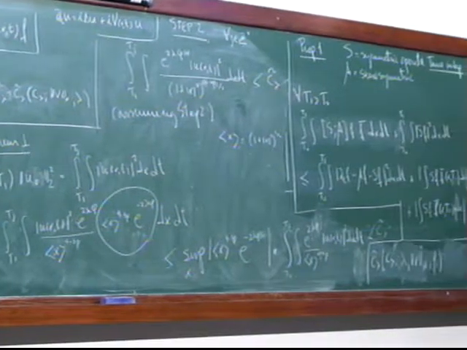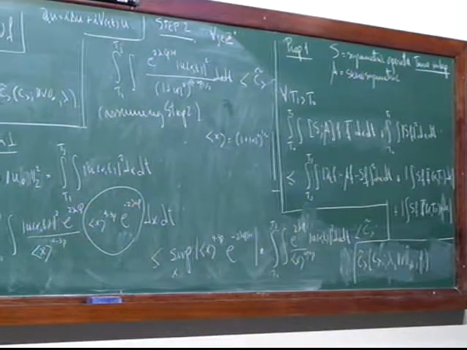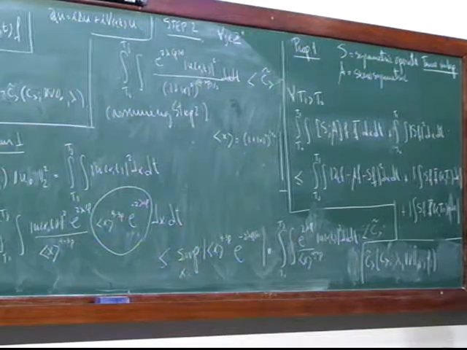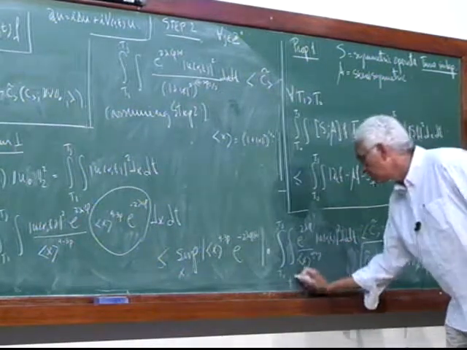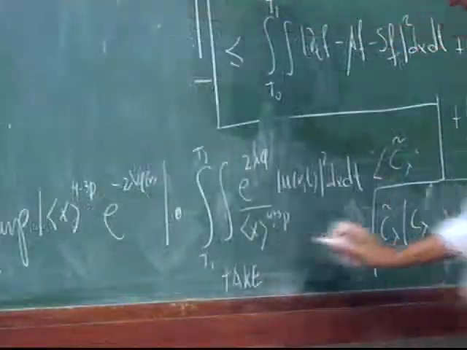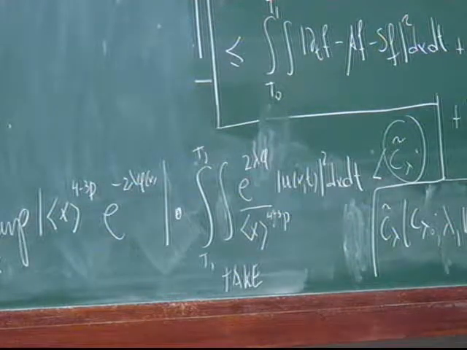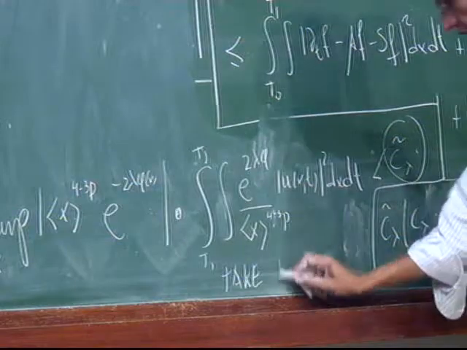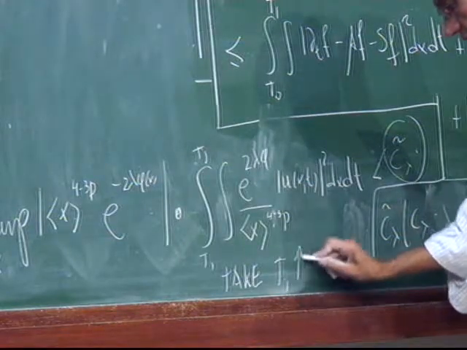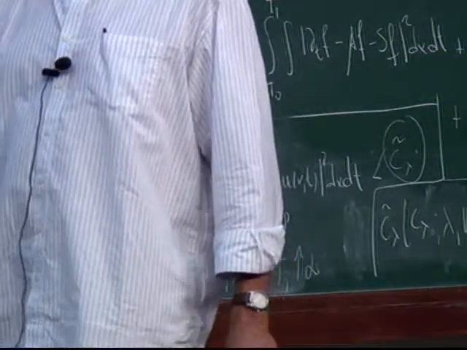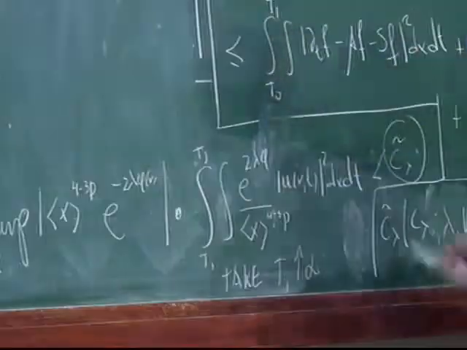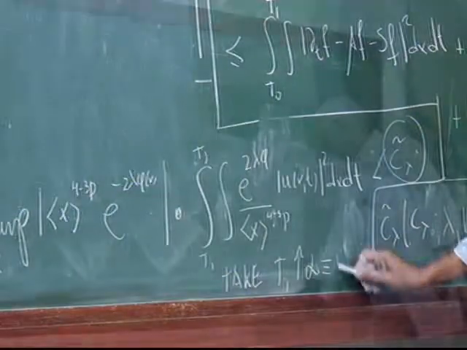Okay? Then take, this is fixed. This number is fixed. It depends on lambda, the L infinity norm, the alpha, but it's fixed. Take now Tj goes to infinity, then you have a bound. This goes to infinity, multiplied by this, is bounded. Therefore, this is 0. That implies that u0 is 0.